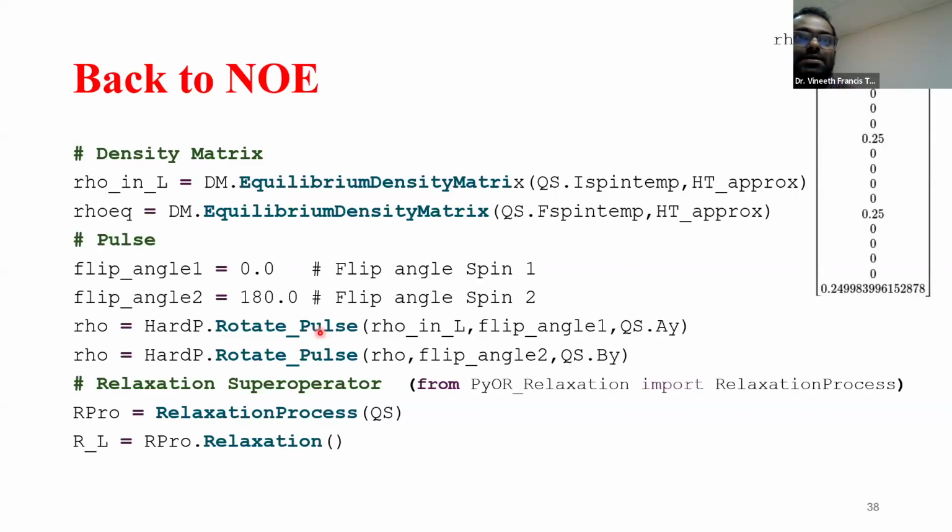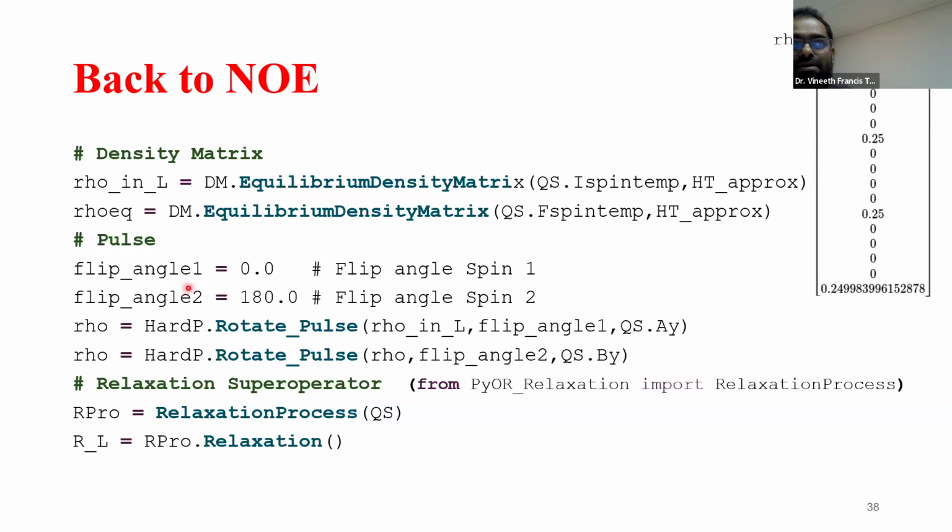Now back to NOE. So if we choose the space as Liouville space, then the density matrix will automatically give you the vectorized density operator. You don't have to think about vectorizing it again. It will automatically vectorize the density matrix, and you can directly use that.